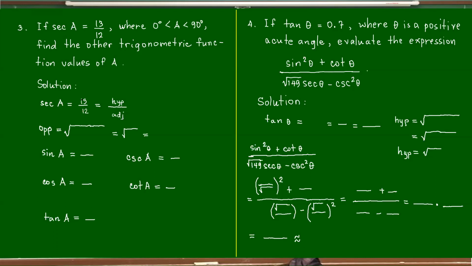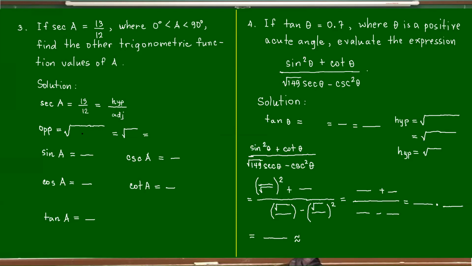We can even assign hypotenuse 26, but if you assign hypotenuse 26, you have to assign adjacent 24. As long as the ratio equals 13 over 12, you can have a value for hypotenuse and adjacent, a corresponding ratio.